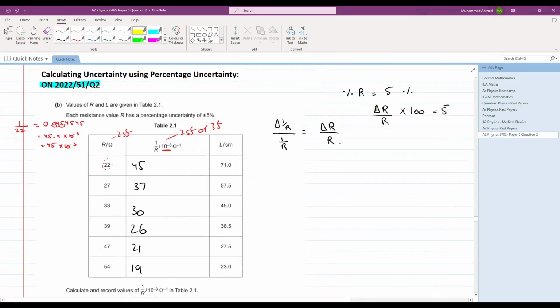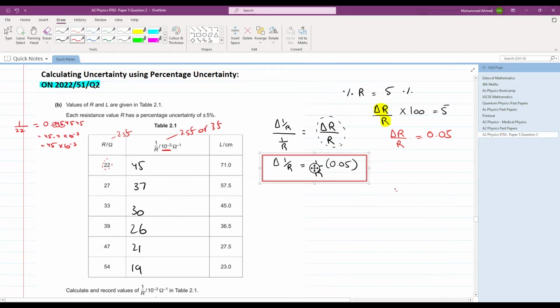So absolute uncertainty of R divided by R will be equal to 0.05. Unknowingly, you have formulated an equation. Absolute uncertainty in 1 over R is equal to 1 over R multiplied by 0.05. Simple. This is your general formula which you will utilize to calculate all the absolute uncertainties in 1 over R.